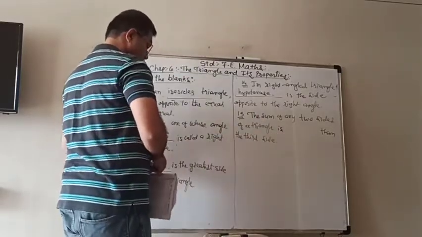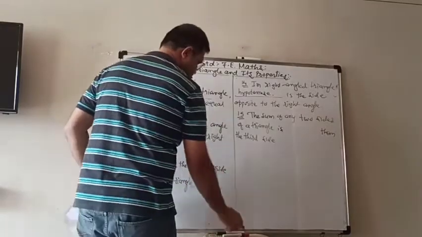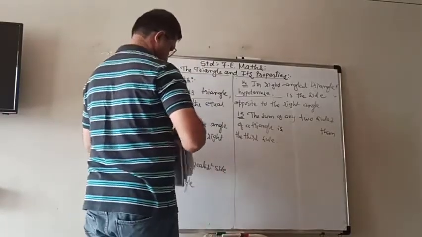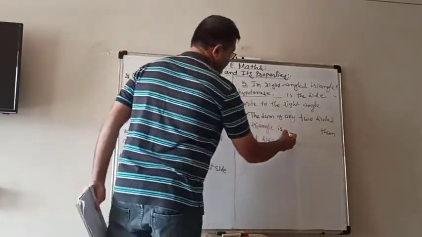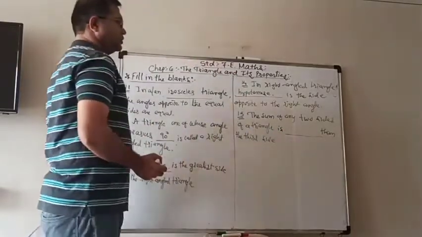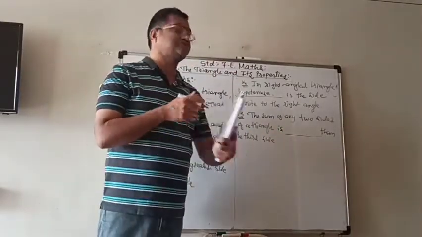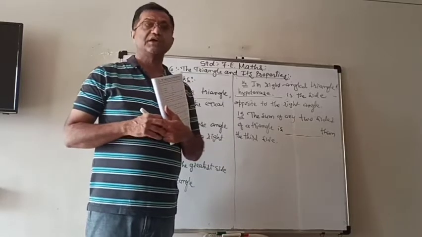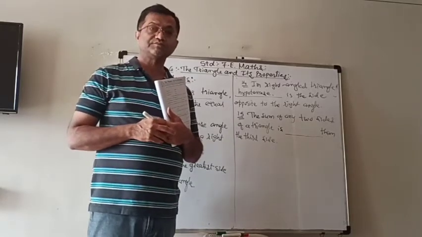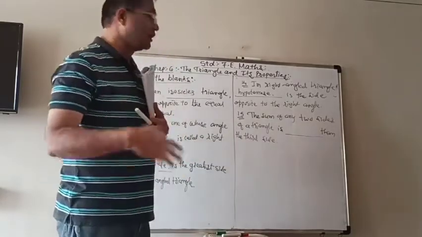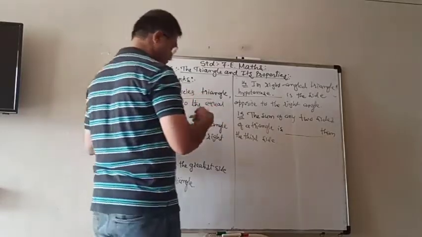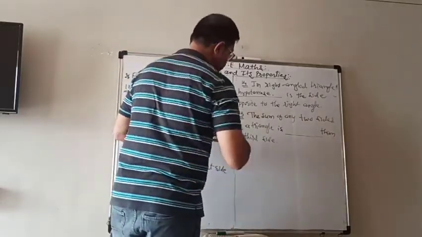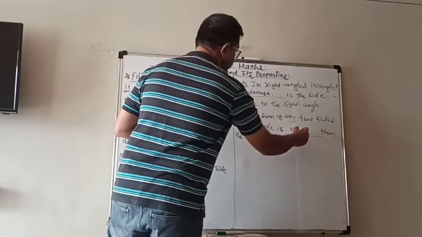So we learn about that property also, that when we add the measure of two sides, then it is always more than, or greater than, the third side. So we can write down more than the third side.